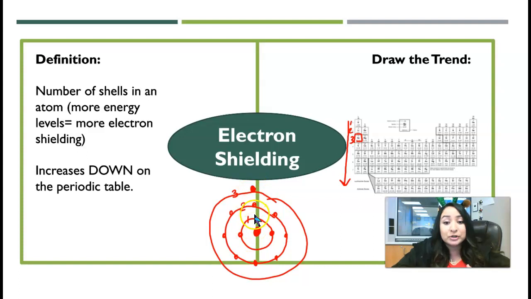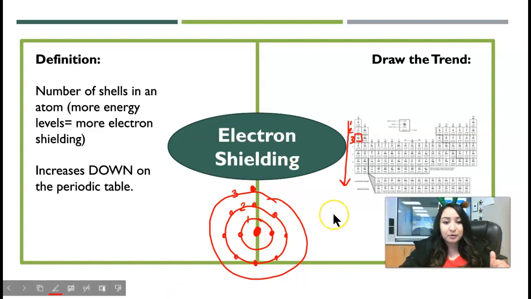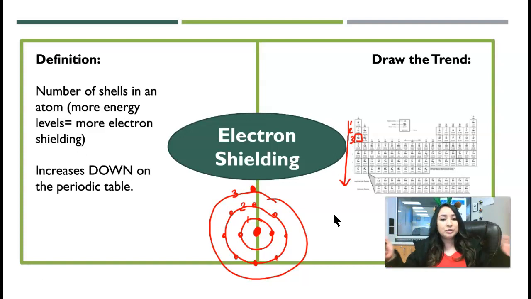So it has more shielding compared to the second row, because now there are more electrons blocking the pull of the nucleus. And if you were to add another energy level, they'd have even more shielding. The farther you go, the more shielding you have. Let's look at the next one.